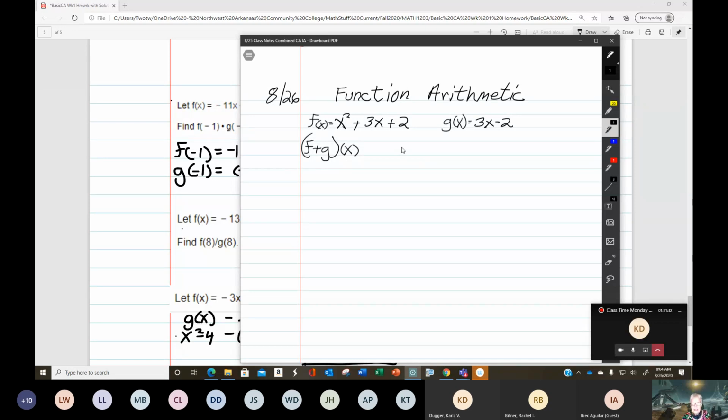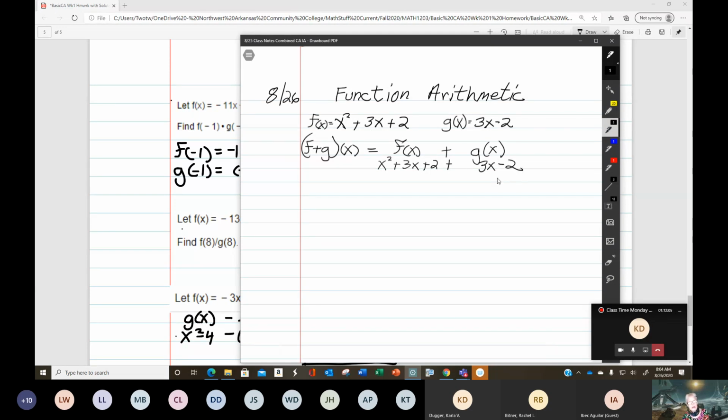But all it is, I'll admit, is a weird way of writing f of x plus g of x. That means you take x squared plus 3x plus 2 and add it to 3x minus 2.